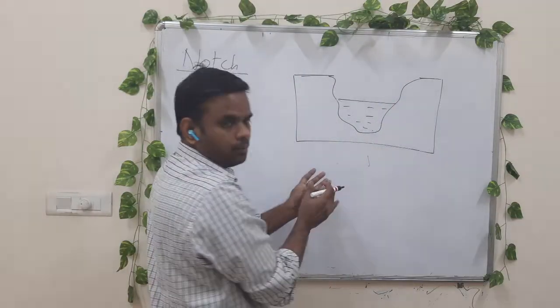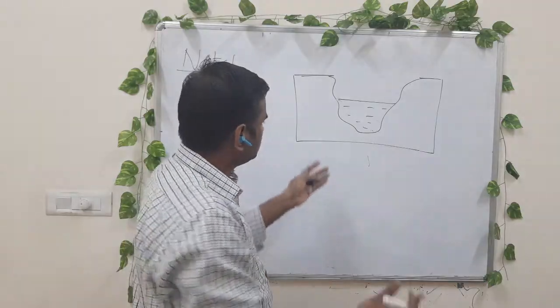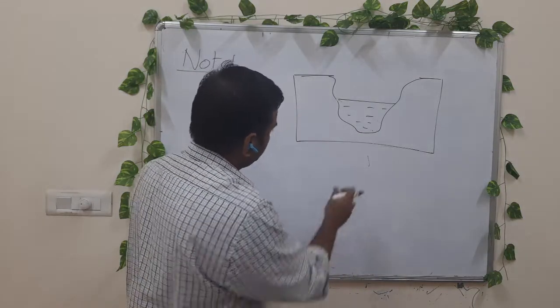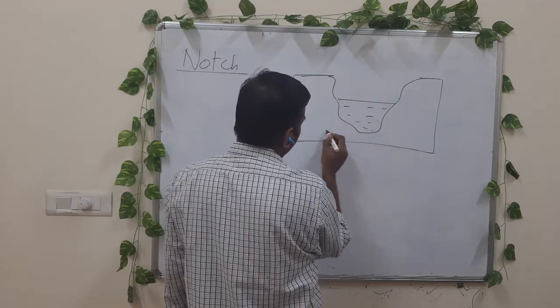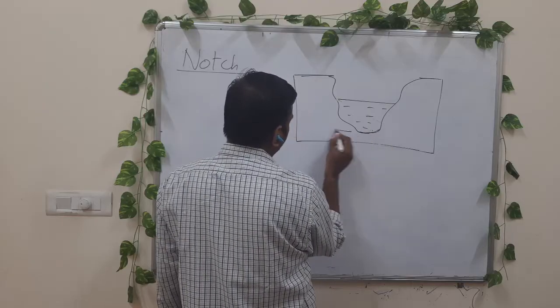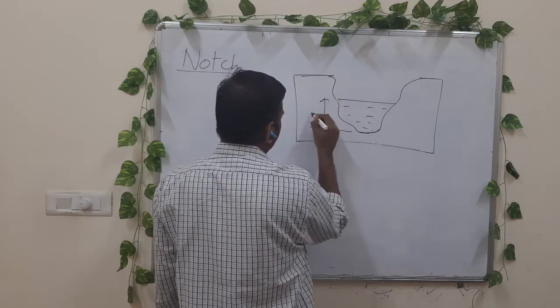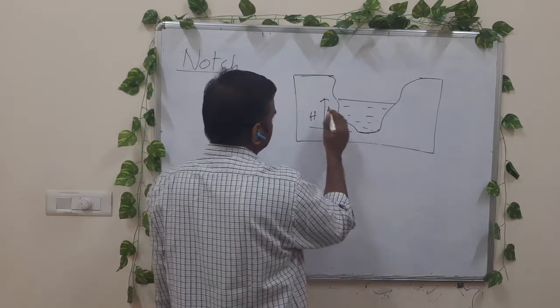We have not fixed the opening, whether it is V-shaped, rectangular, or trapezoidal, so we consider a dissimilar shape. Let the total height of the fluid be capital H. Here it is the bottom.